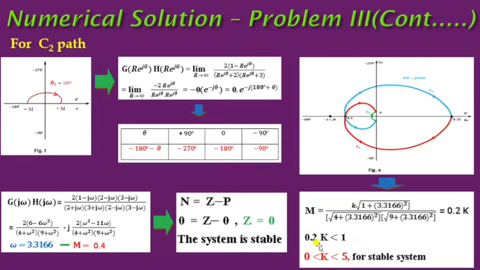For a stable system, this magnitude is always less than 1, then this point is always outside of this closed contour. So write down 0.2K less than 1. From this equation we get K greater than 0 and less than 5 for stable system. This is the range of K.